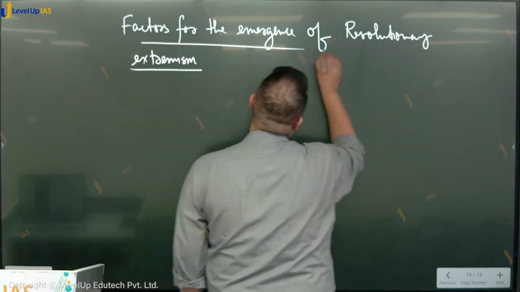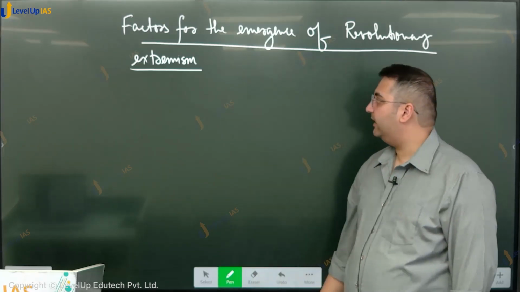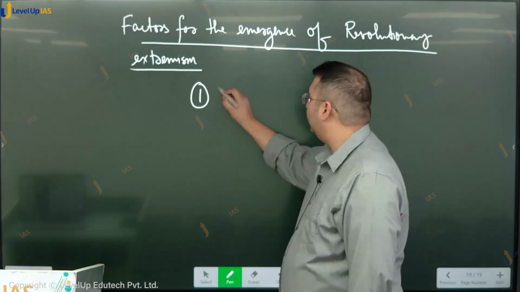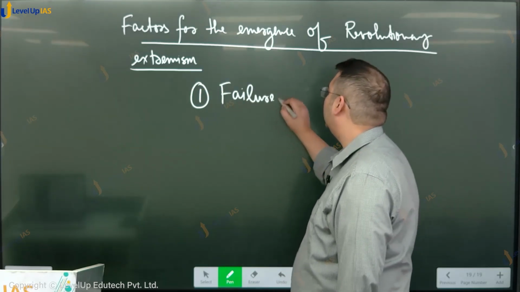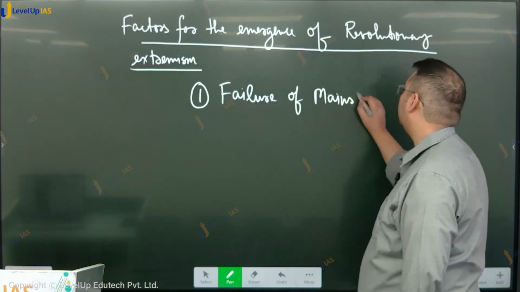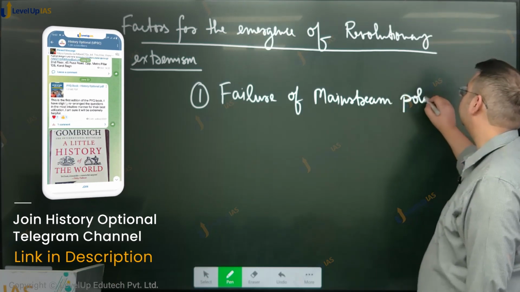And one of the most important factors behind the rise of revolutionary extremism was the utter failure of mainstream politics.